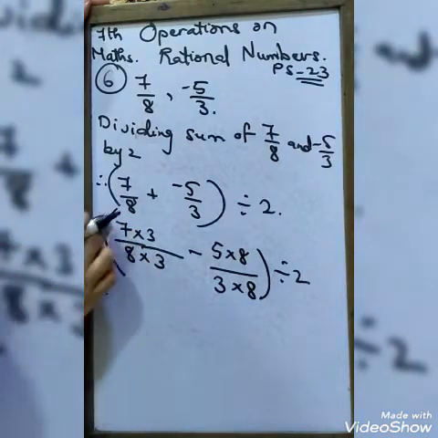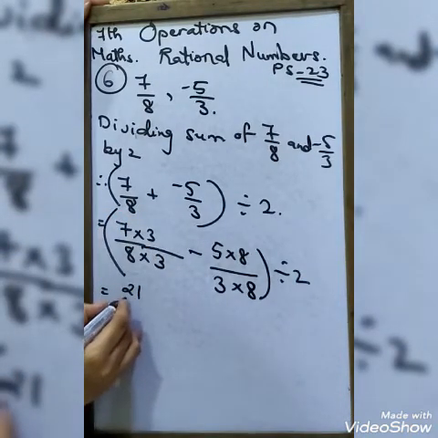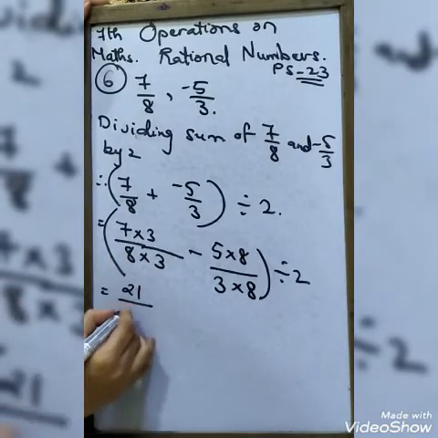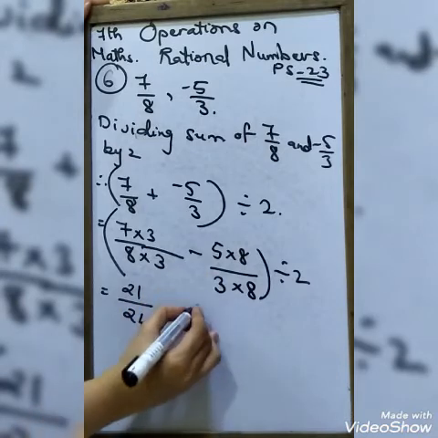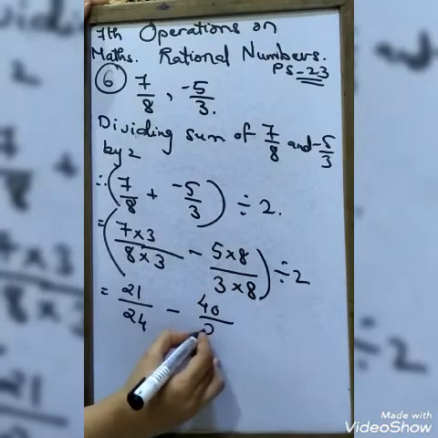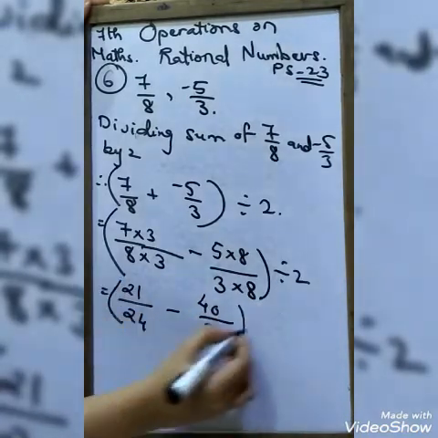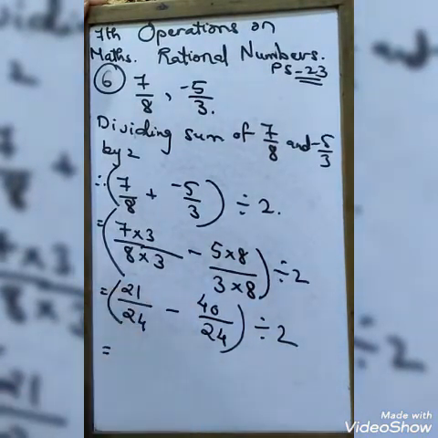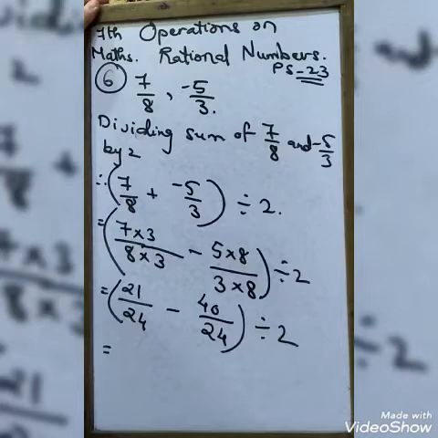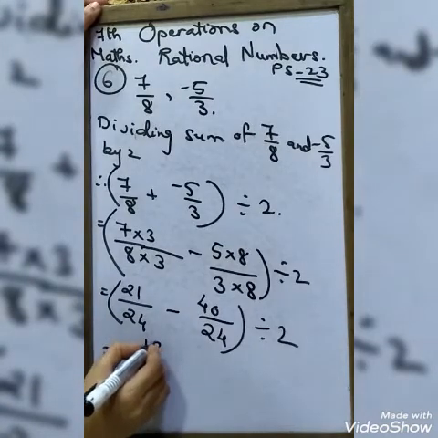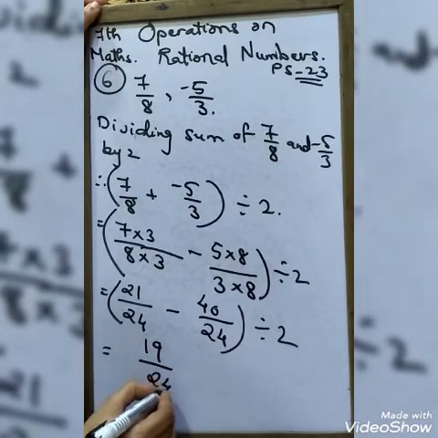So the answer will be 7 3s are 21 upon 24, minus 5 8s are 40 upon 24, divided by 2. So here 40 minus 21, it will be 19. So the answer is 19 upon 24.